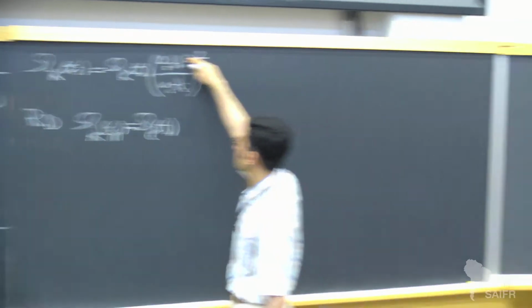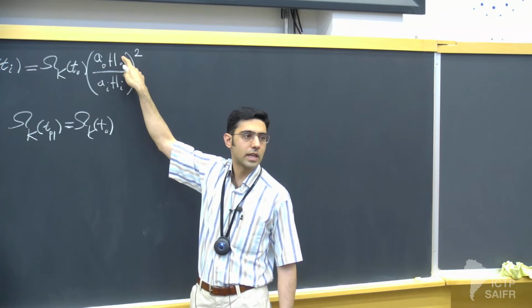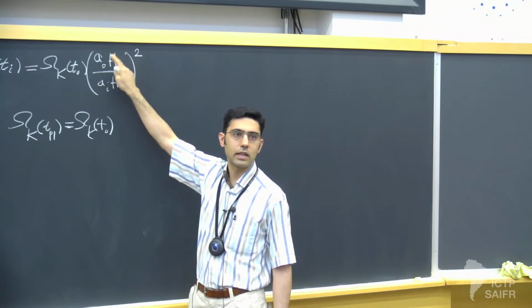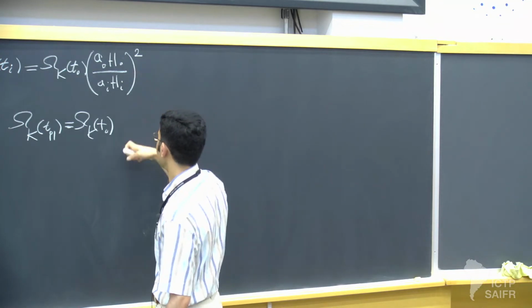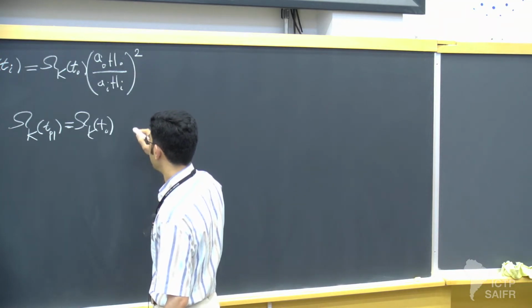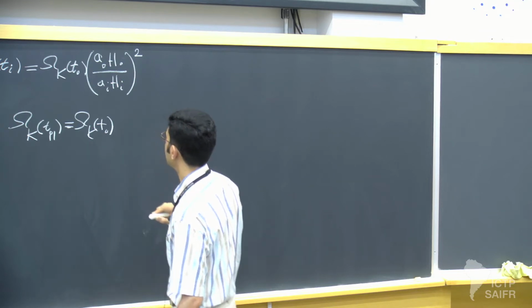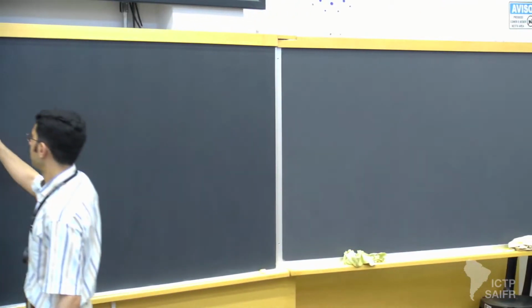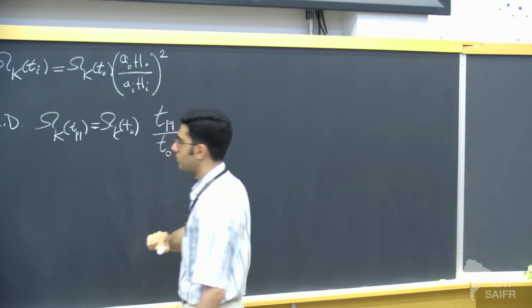Now, what about this ratio? In radiation dominance, H goes as 1 over t, and a goes as the square root of t. So this ratio is just t Planck divided by t_0.